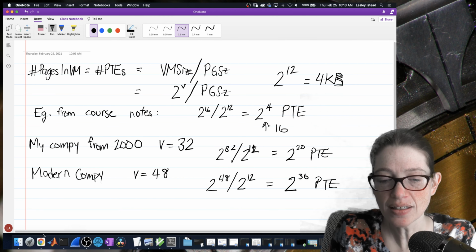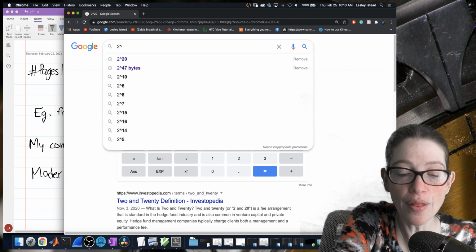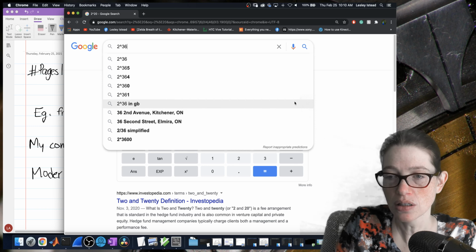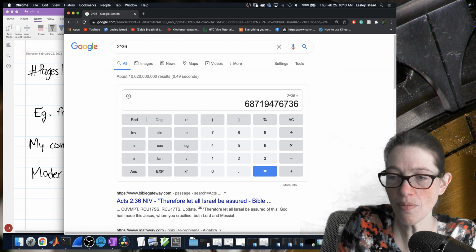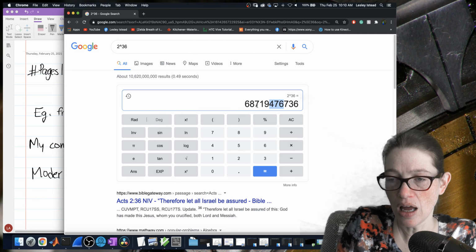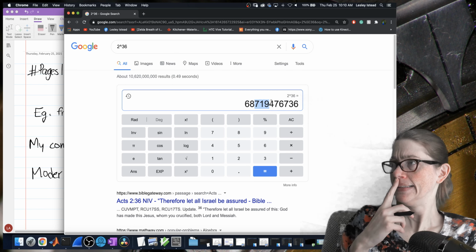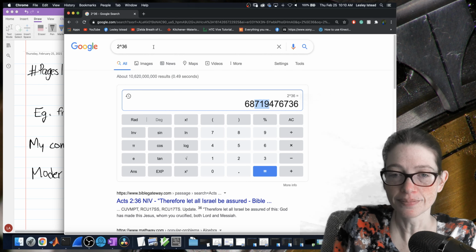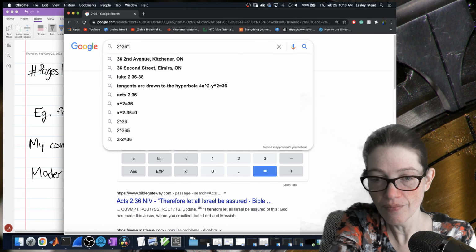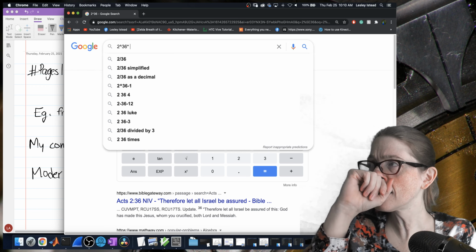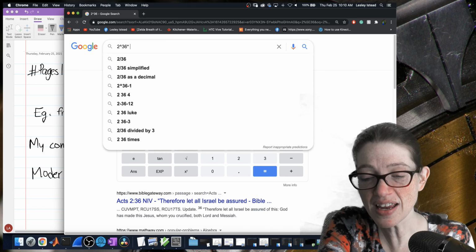How big is that? Let's open up that calculator. So that's 2 to the 36. Okay, let's get Google to do the math. Oh my goodness, that's 68 billion entries in my page table. Now, if each of those page table entries is, let's say, 4 bytes in size, but that 4 bytes is probably a little small, so let's say 8 bytes.